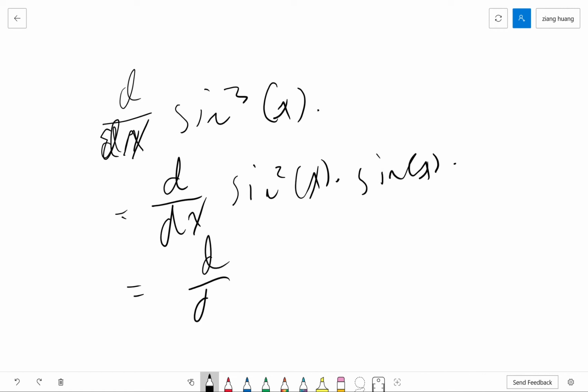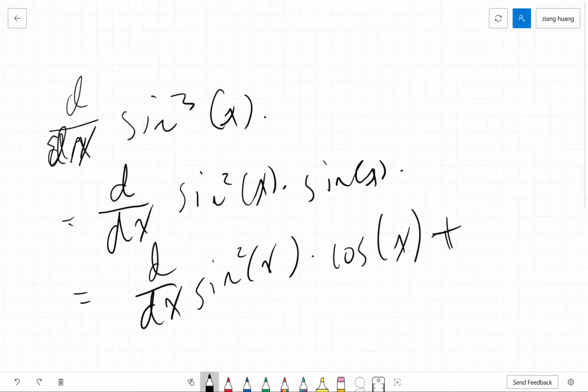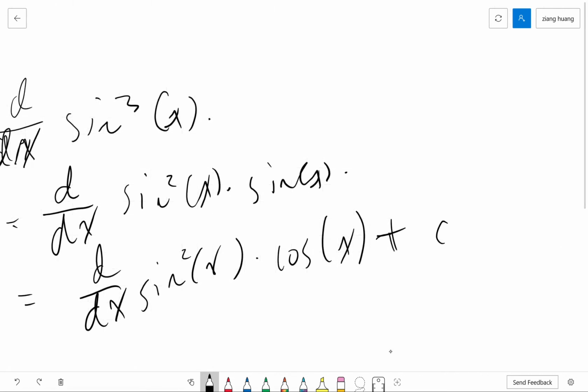So this would equal the derivative of sine squared of x times sine of x plus, sorry, this part's not cosine of x, it's sine of x. Don't take the derivative of sine of x.